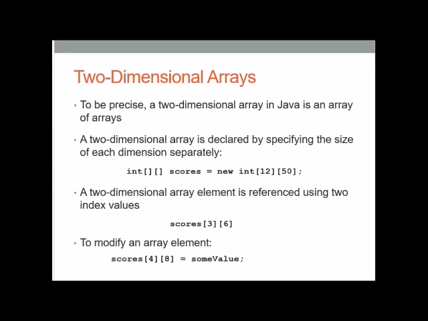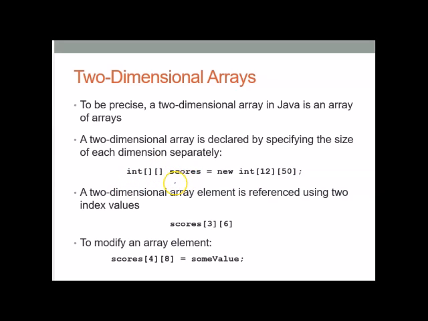So a two-dimensional array is declared by specifically giving its size in each dimension. So for example, int[][] scores = new int[12][50]. This is telling me that it's of type integer 2D array. So this is a two-dimensional integer array.